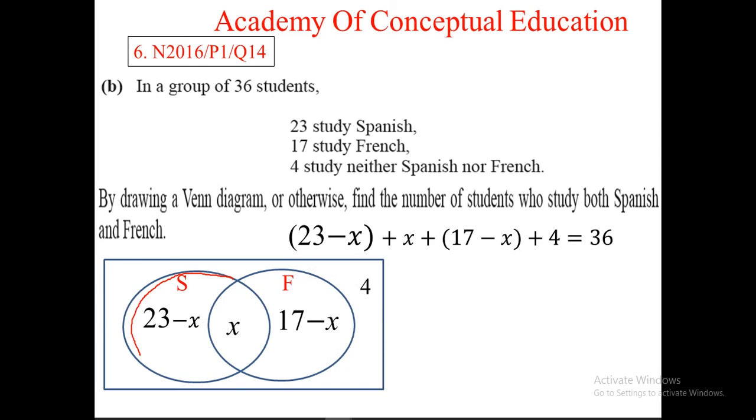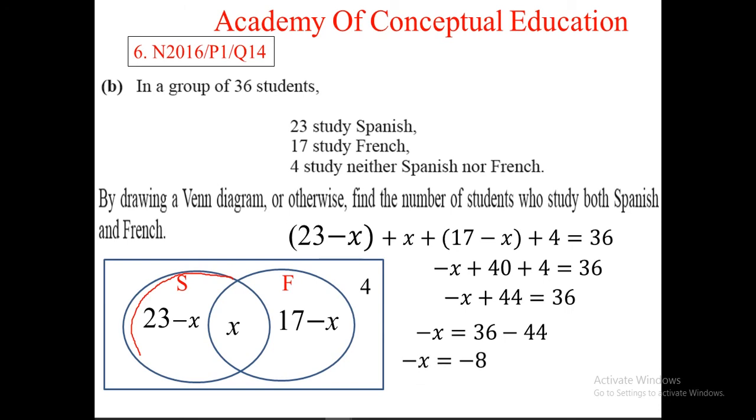Now if we add all of them, it will give us the total number of students, which is 36, and if we simplify it, it will give us the value of x. So x will be equal to 8. I hope the concept is clear.